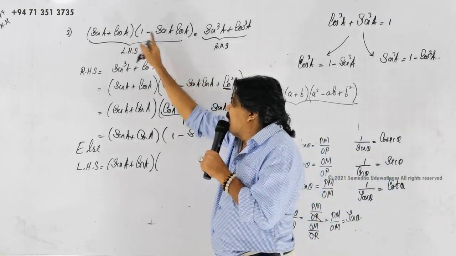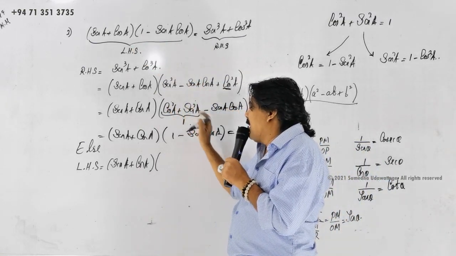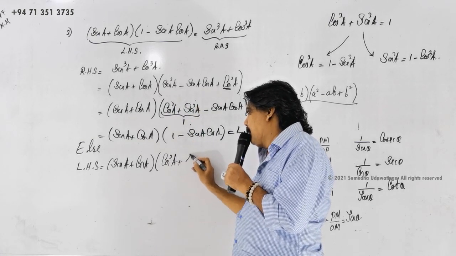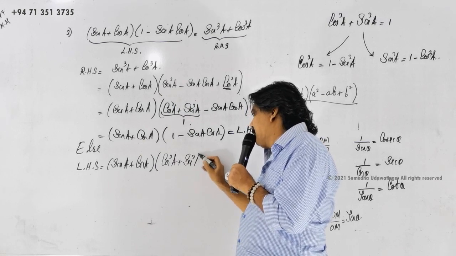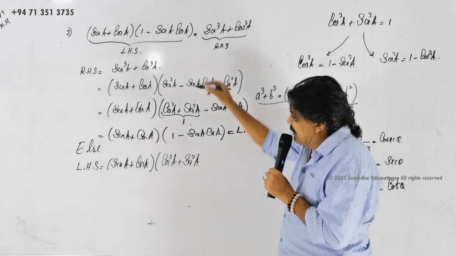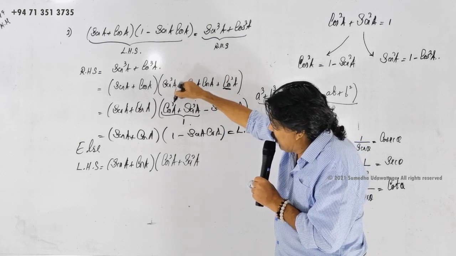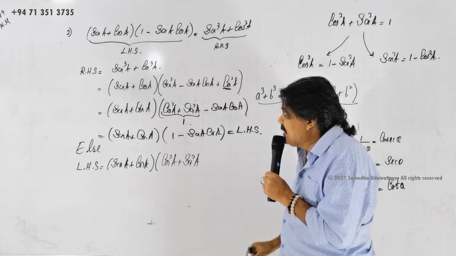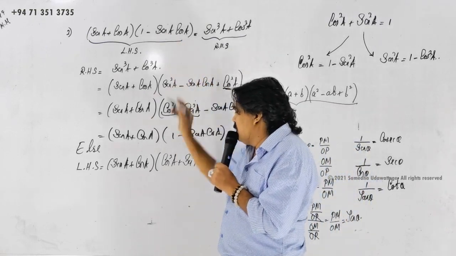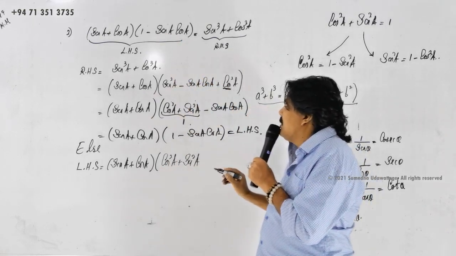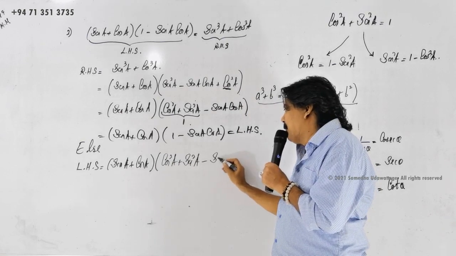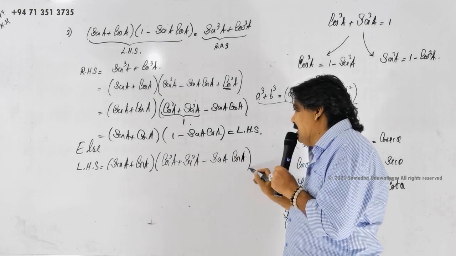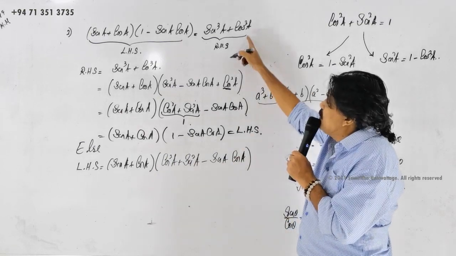Now, instead of 1, you can write cos square A plus sine square A. At that situation, instead of cos square plus sine square, you wrote 1. And in this situation, instead of 1, you write cos square A plus sine square A. Then you get minus sine A cos A. Somehow we got to show that it is equal to this side.